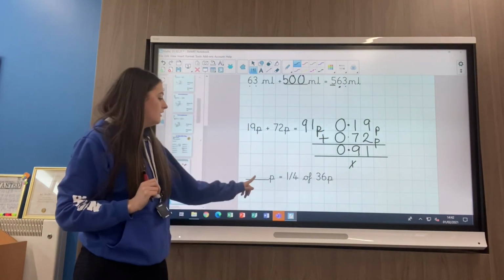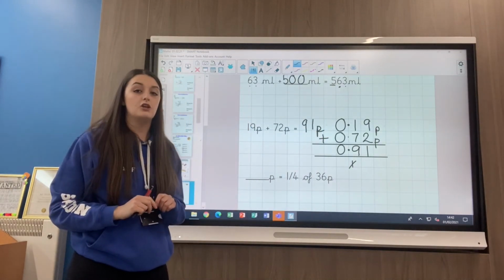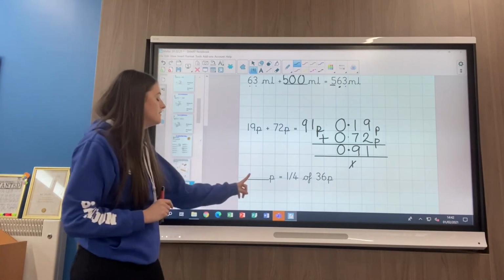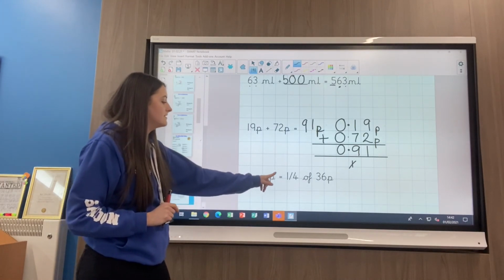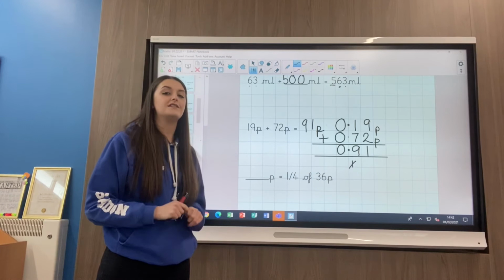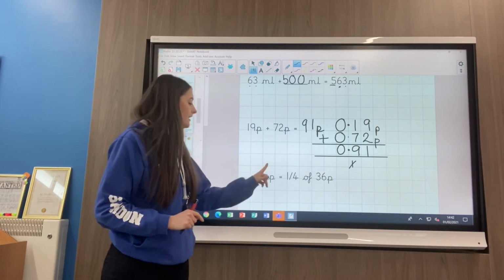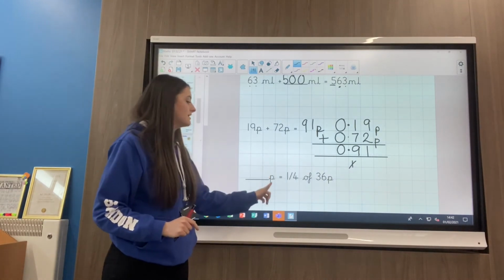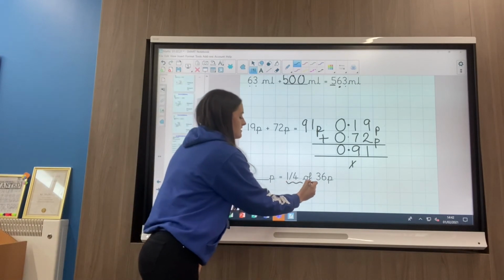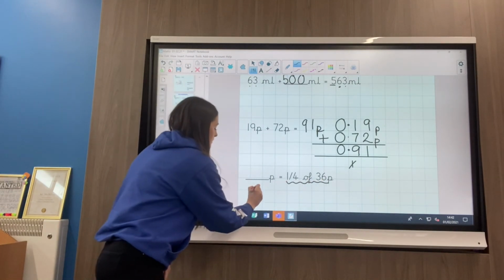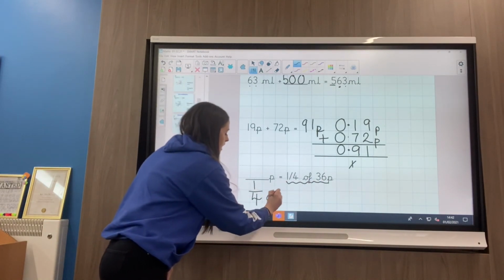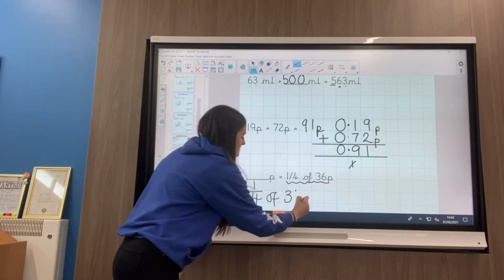Okay. Right, final question then that you've got similar on your Section A. Something pence equals a quarter of 36. Okay, now it doesn't matter which side the equal sign is on. We still need to work out this question. 1/4 of 36 pence.